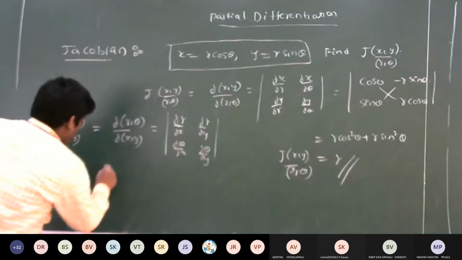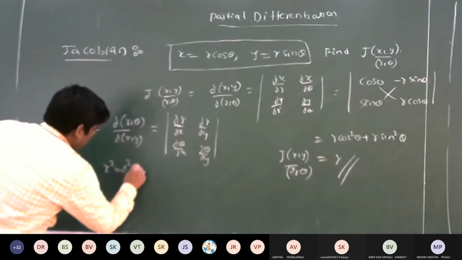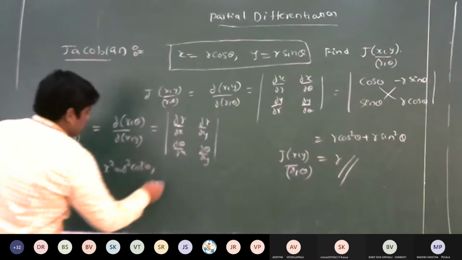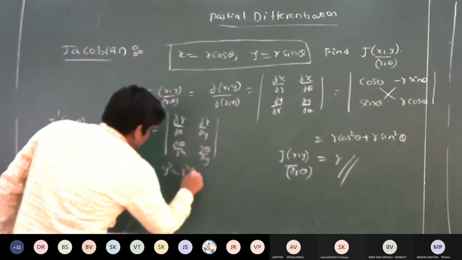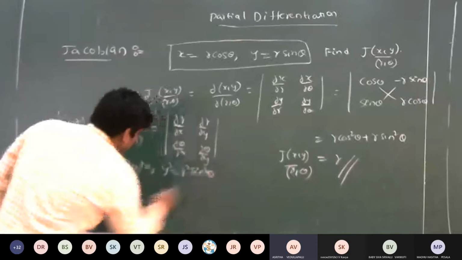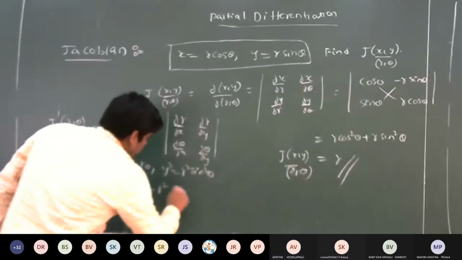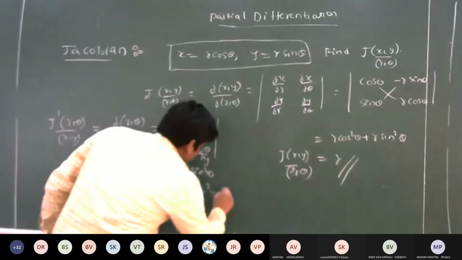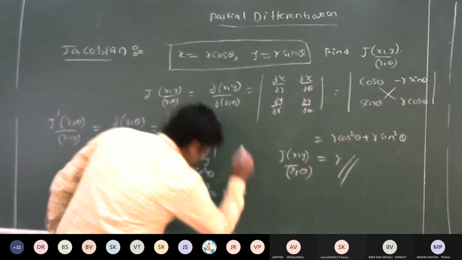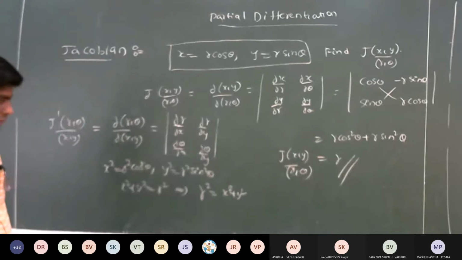So what is x square? r square cos square theta. What is y square? r square sin square theta. What is x square plus y square? r square, sir. So that means r square is equal to x square plus y square, right?